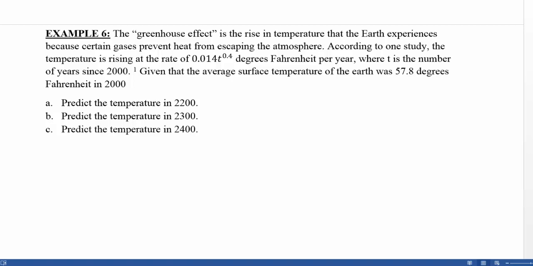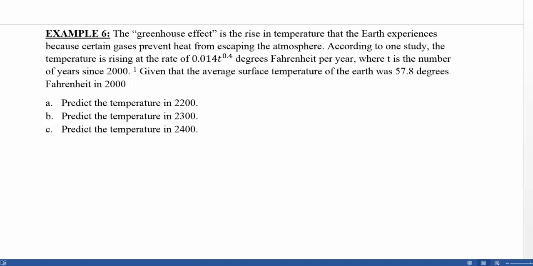According to one study, the temperature is rising at a rate of 0.014 T to the 0.4 degrees Fahrenheit per year, where T is the number of years since the year 2000.